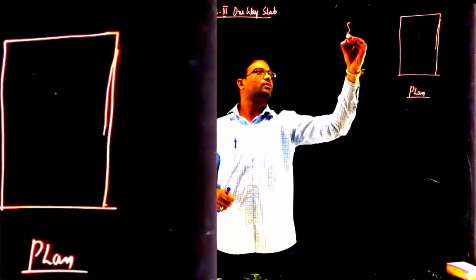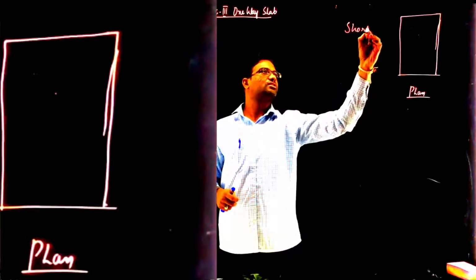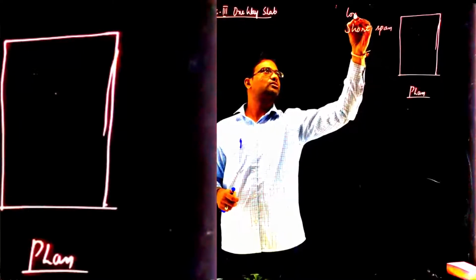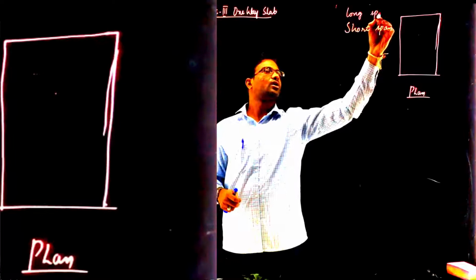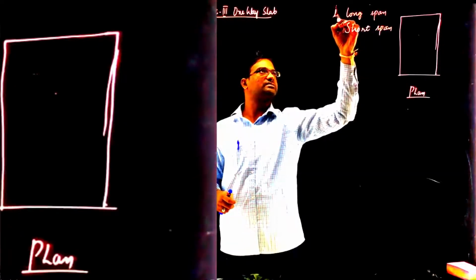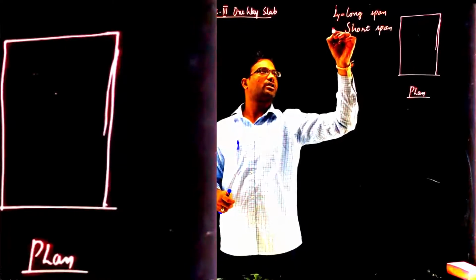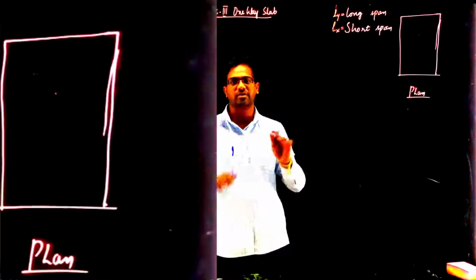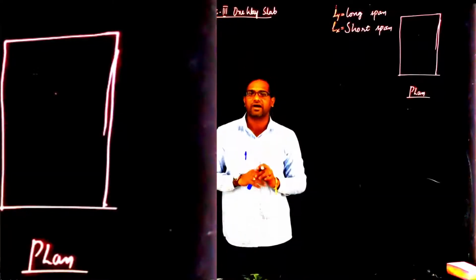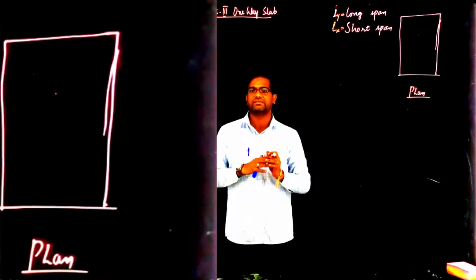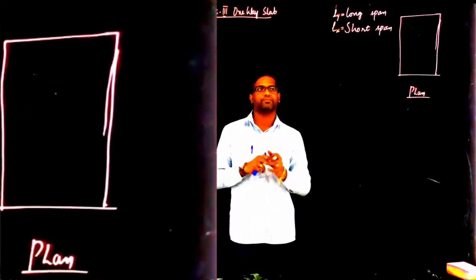Those dimensions are divided into the short span and the long span. Normally the long span is designated as Ly and the short span is designated as Lx. We have to remember this. Ly is the long span, Lx is the short span.